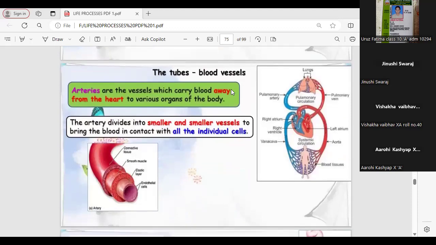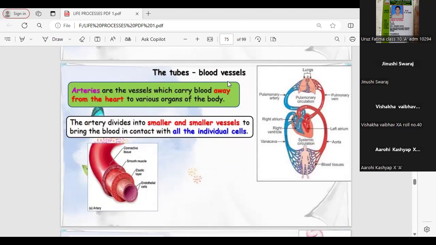Now, students, one very important question from the exam point of view: the difference between arteries and veins. What are arteries? Arteries are the vessels which carry blood away from the heart. And remember, arteries always carry oxygenated blood, except for one exception in our body, the pulmonary artery, because we know that it carries deoxygenated blood.